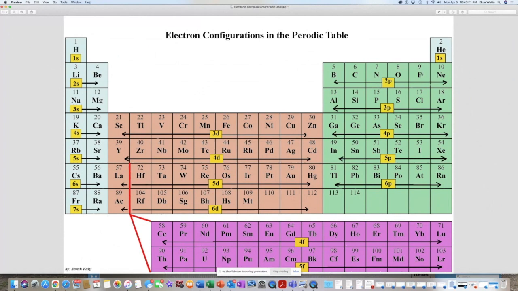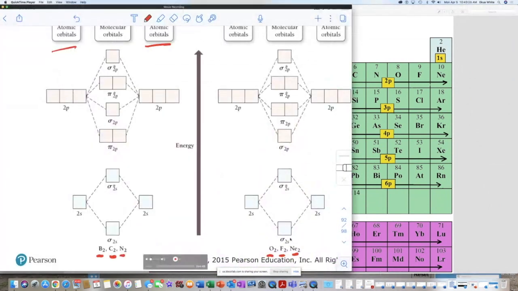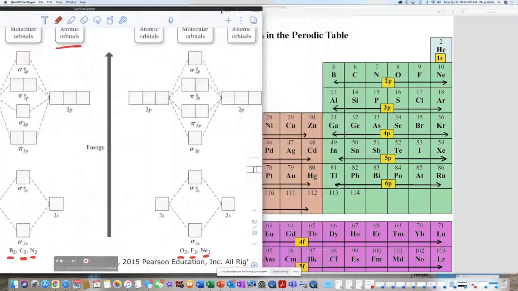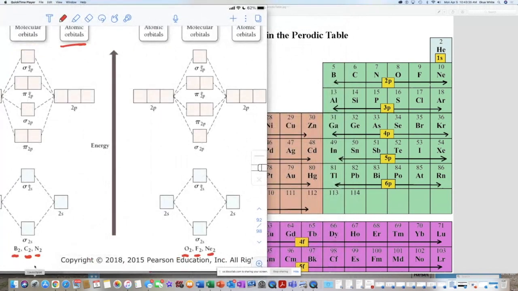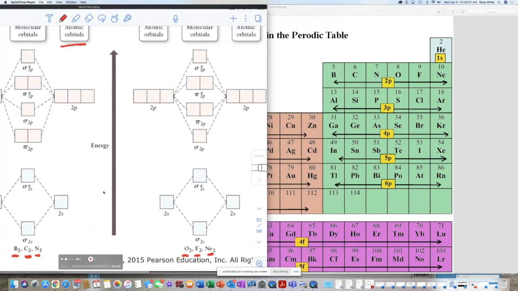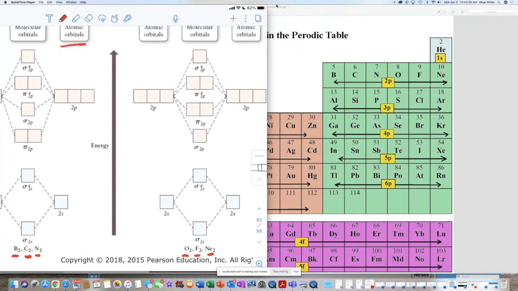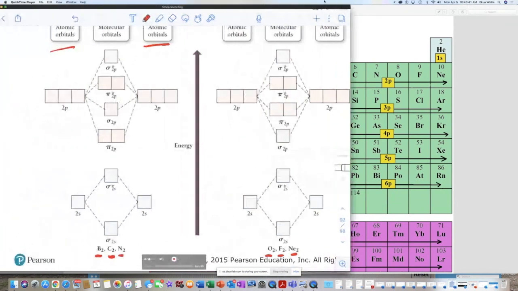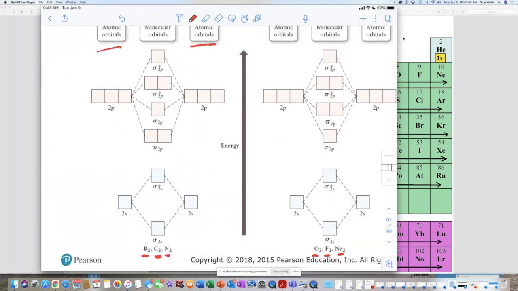Oxygen, fluorine, neon use the same, right? So oxygen, fluorine, neon: O2, F2, Ne2. And the first group was B2, C2, N2, okay? Now that we understand how this relates to the periodic table, if you get any questions about these, you have to use this.